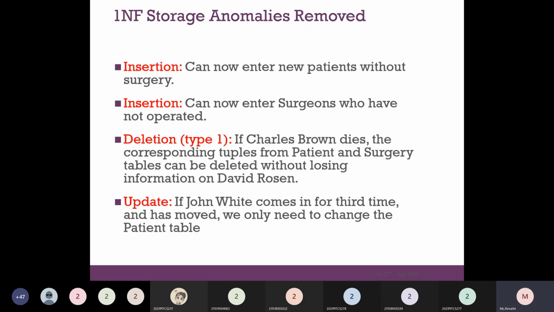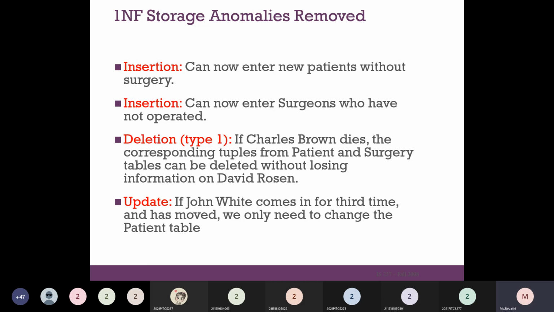So what are the anomalies we had? We couldn't enter a patient unless the patient had undergone a surgery, isn't it? Whereas according to second normal form, by breaking the table into three subtables, we maintain the patient information separately, and the surgeon information separately. So we can add a new patient.